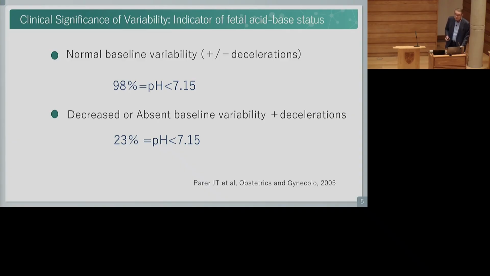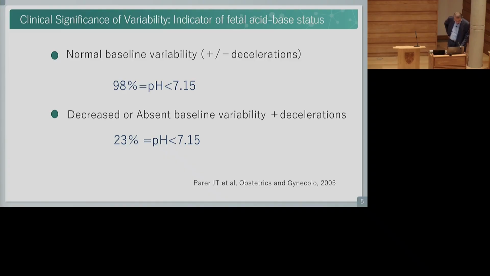Why is variability important? Because it is one of the best indicators of fetal acid-base status. My mentor, Paula, reviewed multiple studies and demonstrated that when baseline variability is normal, the probability of significant fetal acidemia is very low.